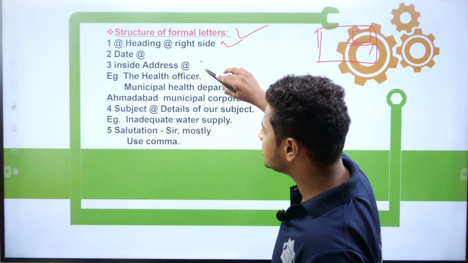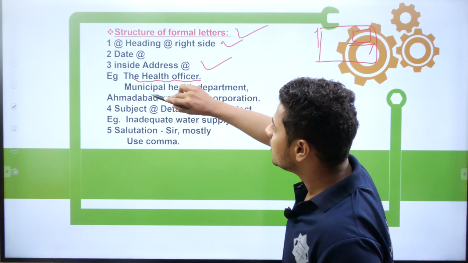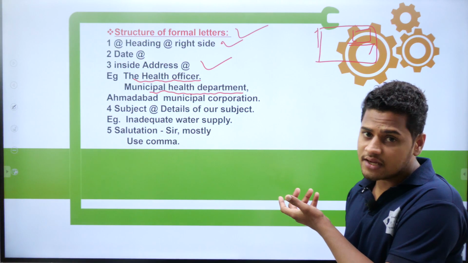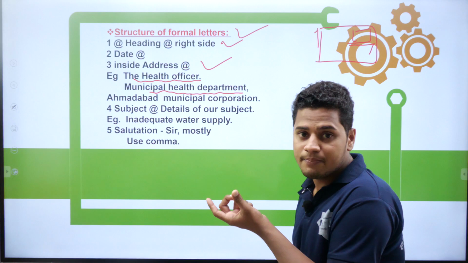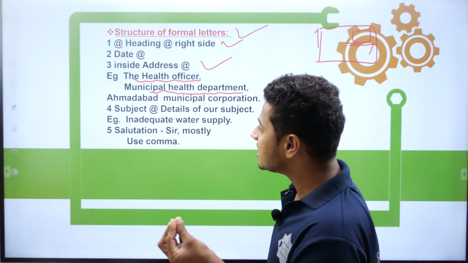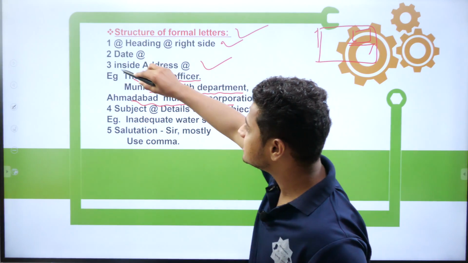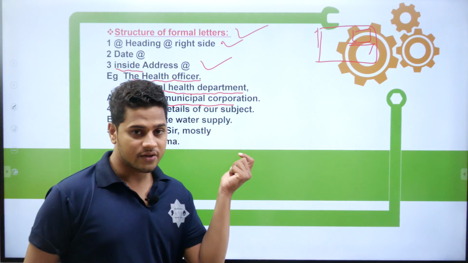For example, you can see here: Health Officer, Municipal Health Department, Ahmedabad Municipal Corporation. These are the inside address, because we are addressing them, that's why it is written here.